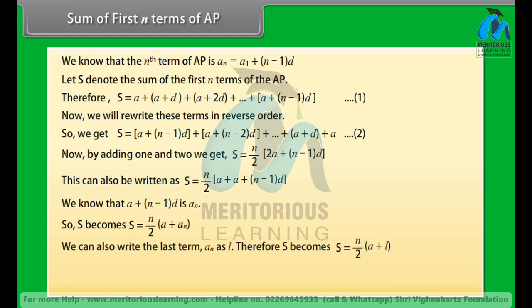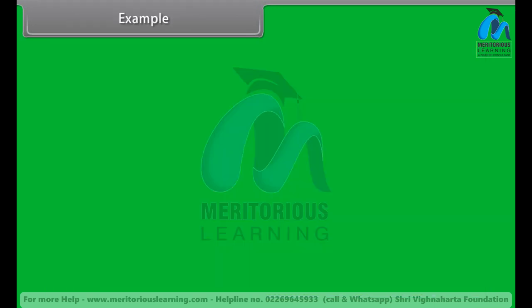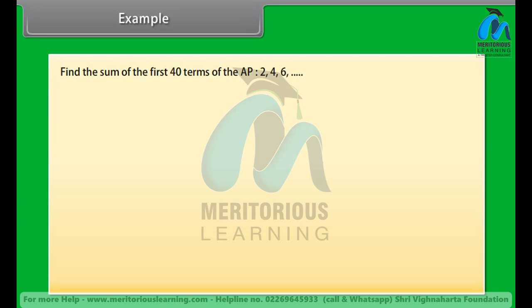We can also write the last term an as L. Therefore, S becomes n upon 2 into (a plus L). We can use this result when the first and the last terms of AP are given and the common difference is not given.